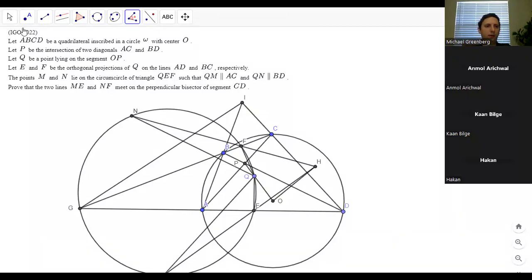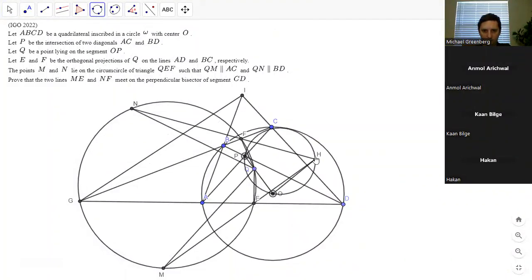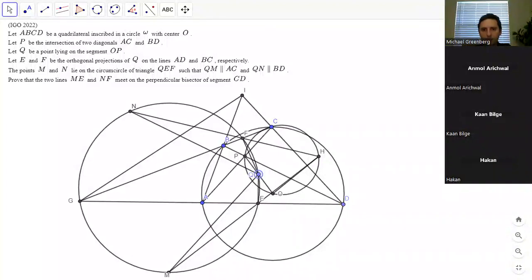So maybe there's some cyclic quadrilateral here. I doubt these are actually tangent, but let's see.